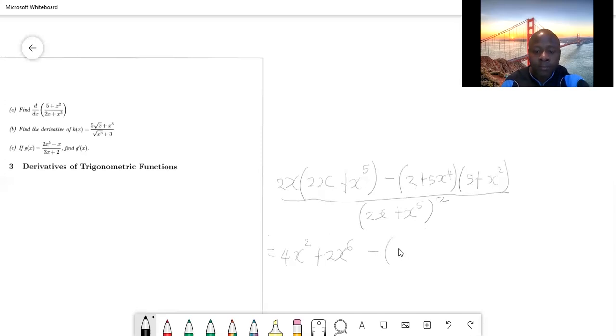This is 10 plus 2x squared, and then this is 25x raised to 4, and this is 5x raised to 6. Close the bracket, over the square of the denominator.